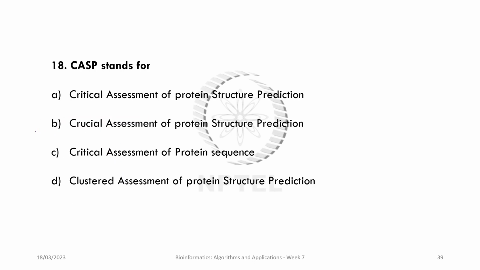Question 18. CASP stands for Critical Assessment of Protein Structure Prediction, Crucial Assessment of Protein Structure Prediction, Critical Assessment of Protein Sequence, and D. Clustered Assessment of Protein Structure Prediction. Clustered, critical, crucial. Assessment is same, of protein same.